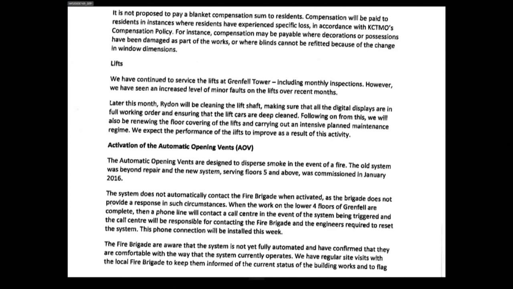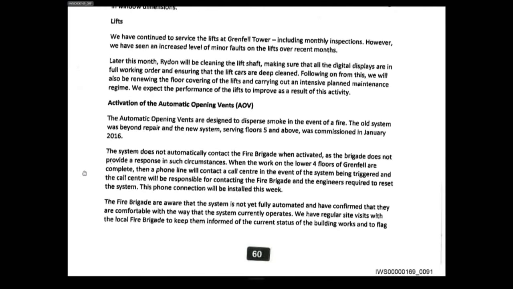Then it says this, the system does not automatically contact the fire brigade when activated, as the brigade does not provide a response in such circumstances." And then it goes on to discuss a phone connection. And then it says this, "The fire brigade are aware that the system is not yet fully automated and have confirmed that they are comfortable with the way that the system currently operates."